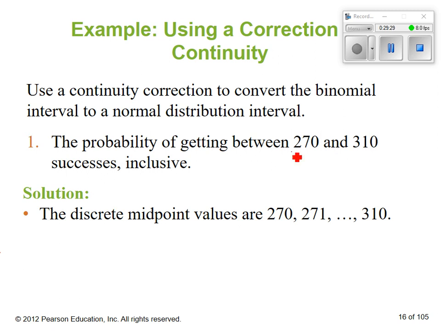So if we want to go between 270 and 310, what's our lower limit going to be? 269.5 all the way up to what? 310.5. Be careful, because I heard some of you wanted to say 270.5. We have to subtract on the low limit, add on to the high limit.